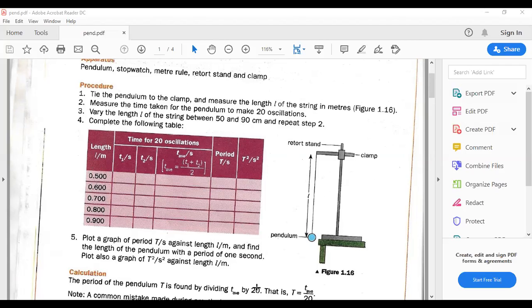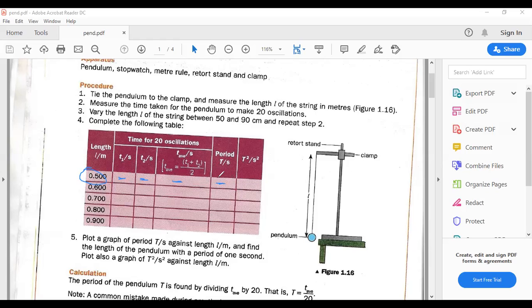So basically, what's the first step? We will measure the length. We will write the length in the length column. Then we will note the time for 20 oscillations and write the time in this column. Then we will do another experiment and write the time for 20 oscillations again over here. Then we will take the average for 20 oscillations, and to find the time period, we will divide the average time by 20, and we will get the time period for one oscillation.